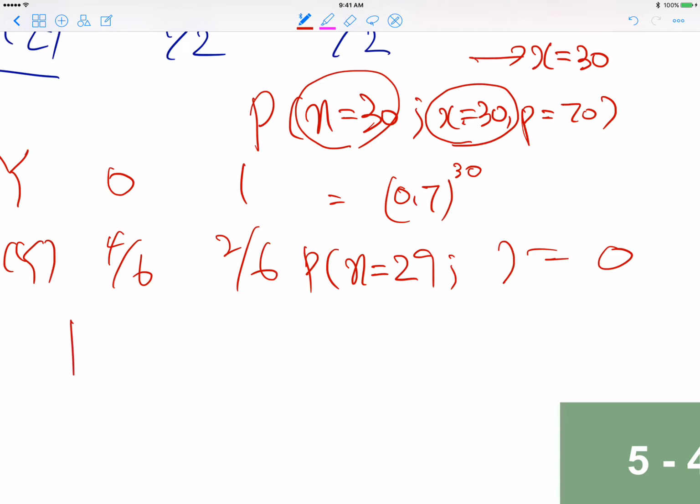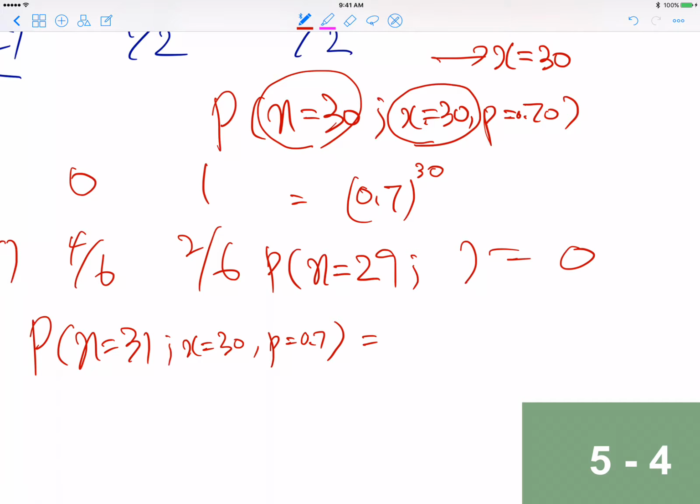And then what about n being 31? In this case, we have to sample exactly 30 red balls in a total of 31 samples. It means we sample 31 balls, but at the last position, the 31st trial, we have to select a red ball, right?